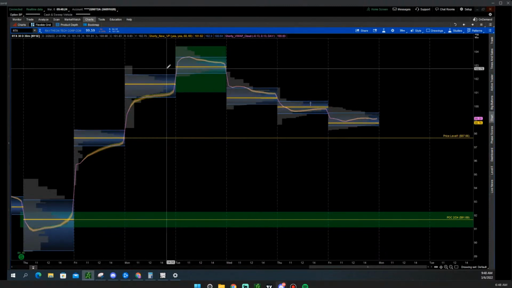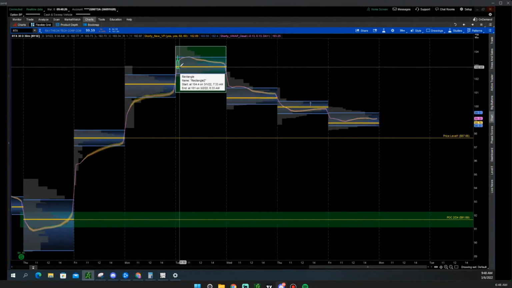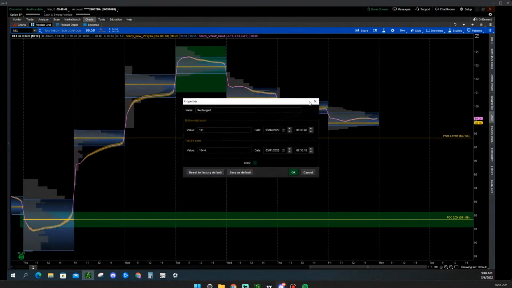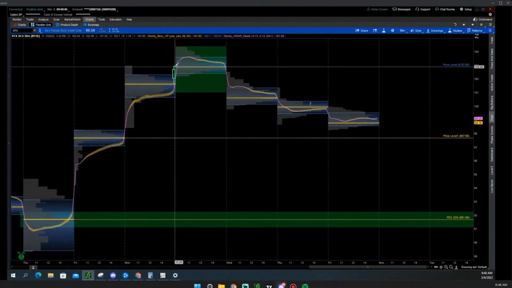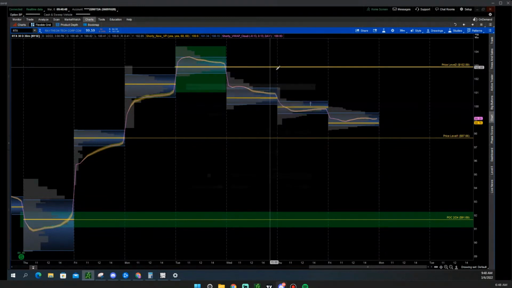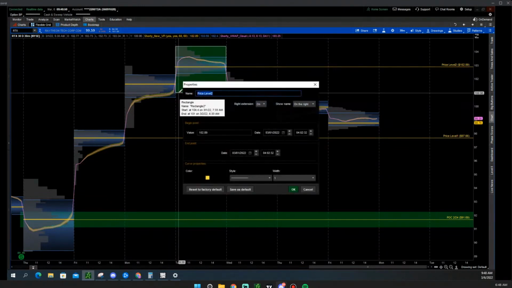This yellow line drawn here tells me that most of the volume on this day happened at 102.89. That's your point of control, POC. What we call VPOC is a level. Let's draw this one, if I get the drawing tool correctly. This level here is a POC, but it could potentially be a VPOC.